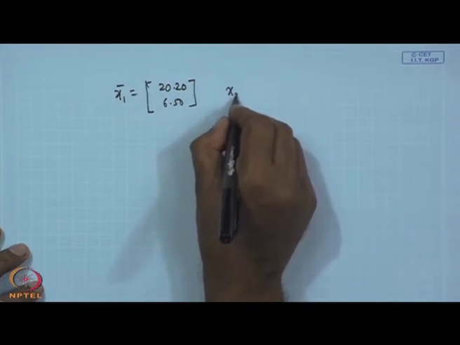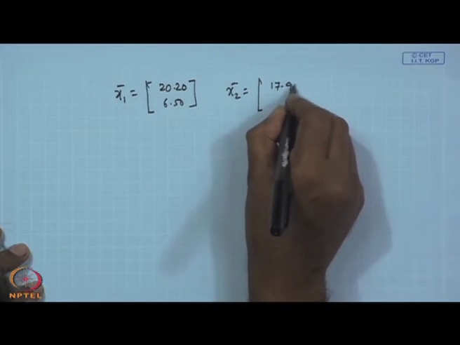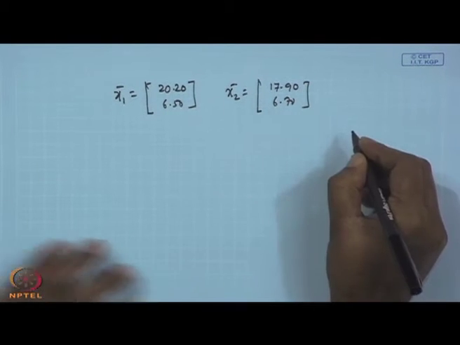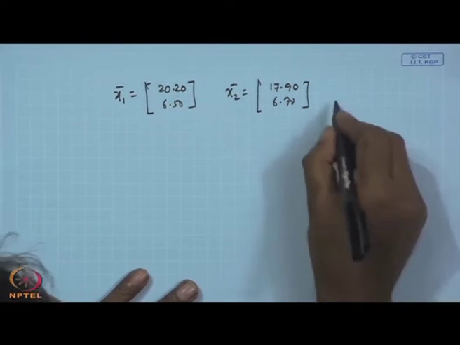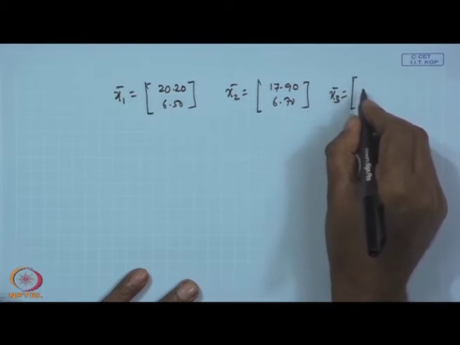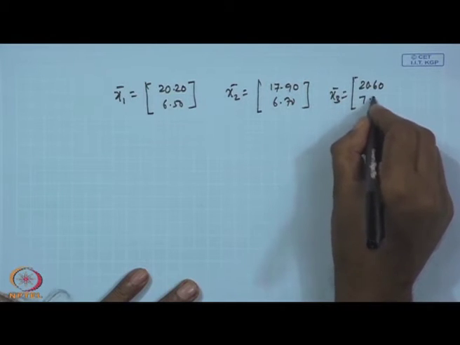Similarly, for process B, it is 17.90 and 6.70. For process C, that is x3 bar, it is 20.60 and 7.50.